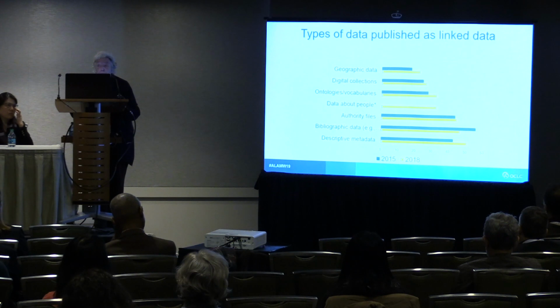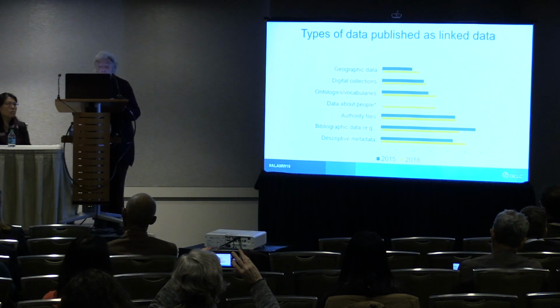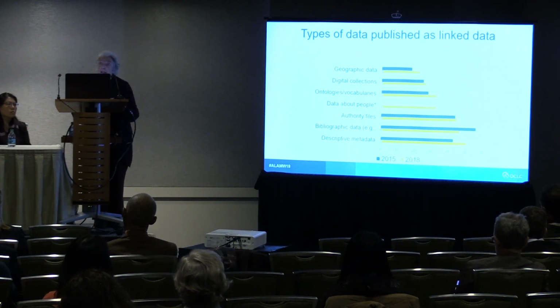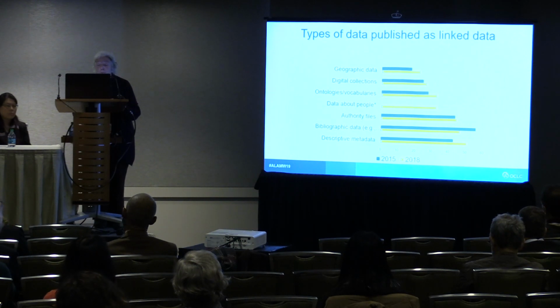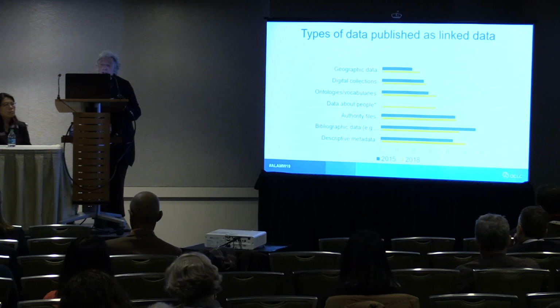The types of data published, no surprise, given that libraries and research libraries were the primary respondents, was descriptive data, bibliographic data, that's data that was converted from MARC, and authority files. We added the question about data about people because that was one of the primary other responses from the 2015 survey, and that now tied with ontologies and vocabularies.